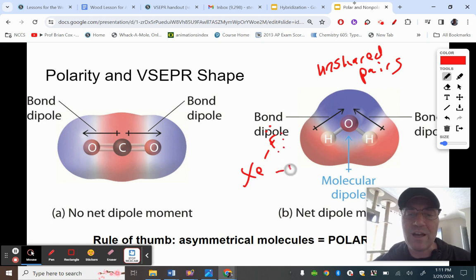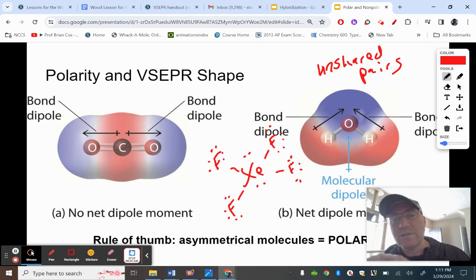Every other time, like all the trigonal pyramids, all the bent ones are always polar. Usually linear, tetrahedral, it depends on if they're symmetrical. But anyways, this one actually happens to be nonpolar. If the shape of the molecule is such that everything cancels out and it's perfectly symmetrical, then it's nonpolar.